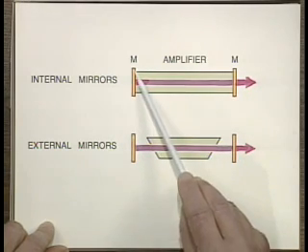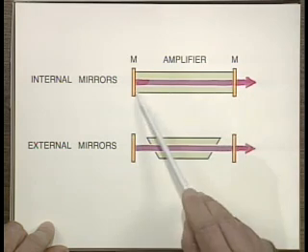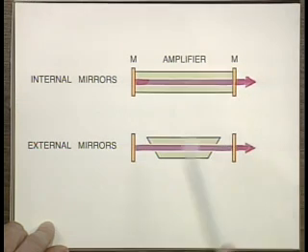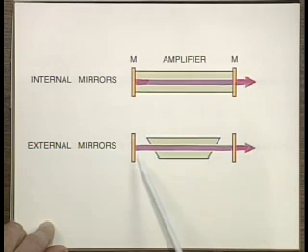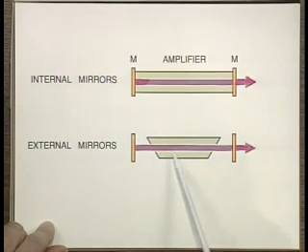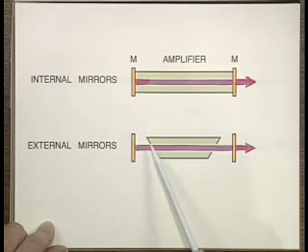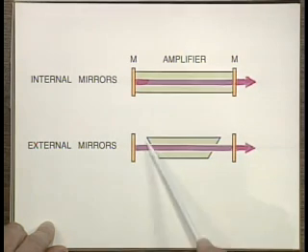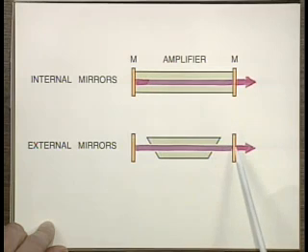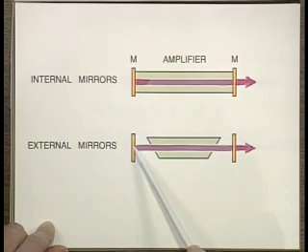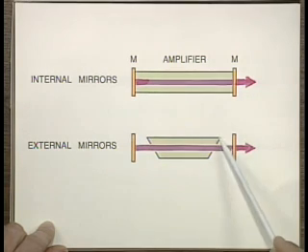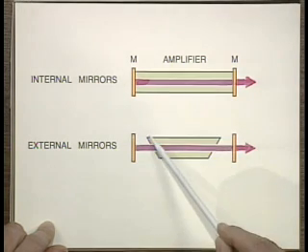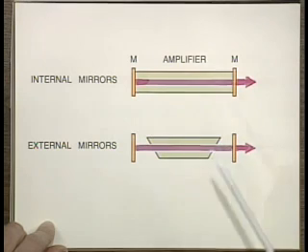One where the amplifier tube is terminated by the two mirrors, called an internal mirror laser, and the other one, which is quite typical for a lot of lasers, where the amplifier is terminated separately, not at the mirrors, and the mirrors are again separated from the amplifier. Usually these are windows at a funny angle, called Brewster windows, to minimize reflections. Again, we'll mention that later.